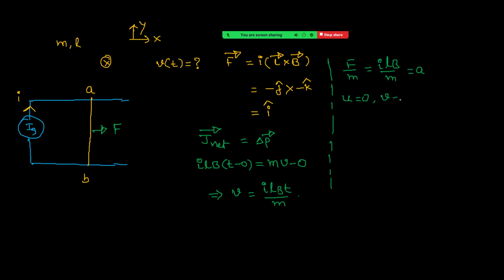Finally, we have to calculate velocity at time t. So I'm writing the equation v equals u plus at, right? u value is 0, a value is I L B upon m, into t. Okay, so both are the same. Either you can solve by using kinematics or you can solve by using net impulse is equal to change in momentum, right?